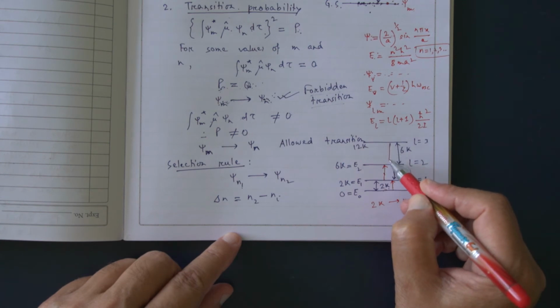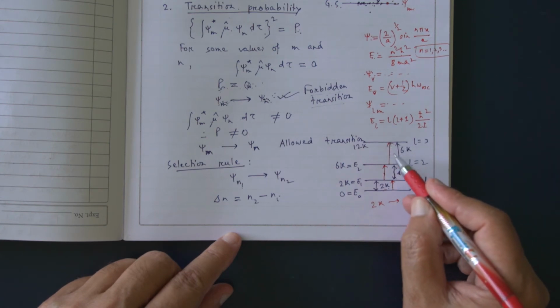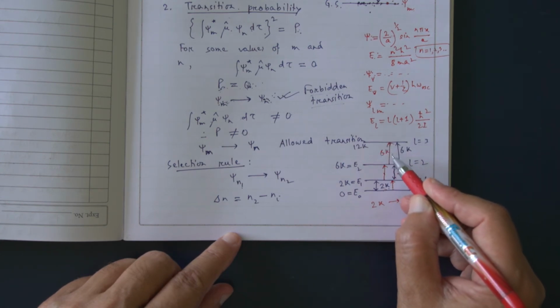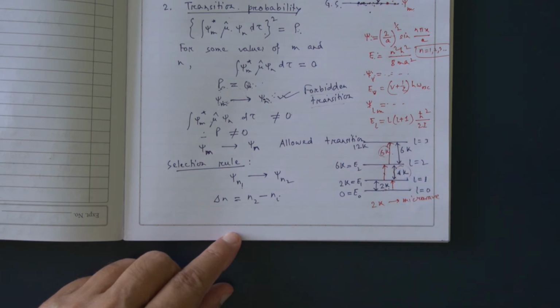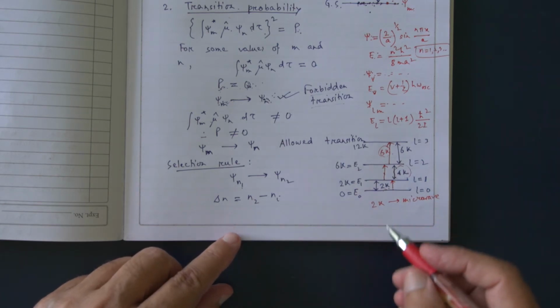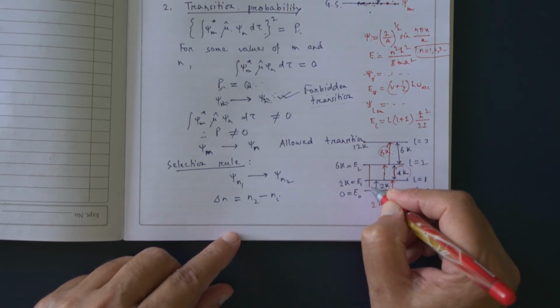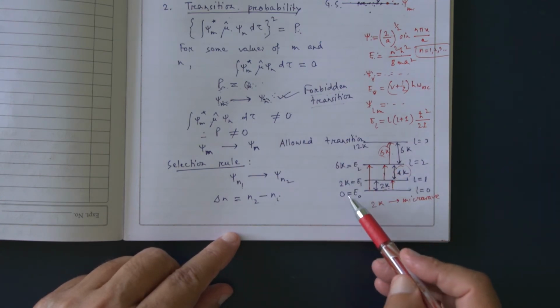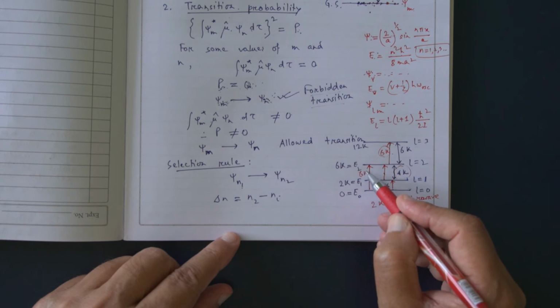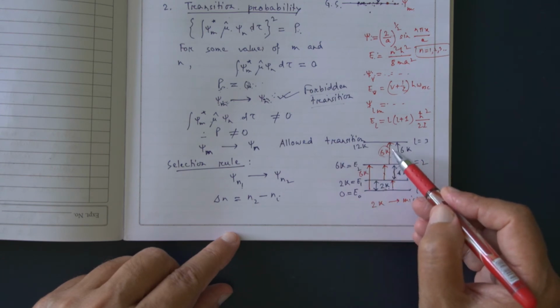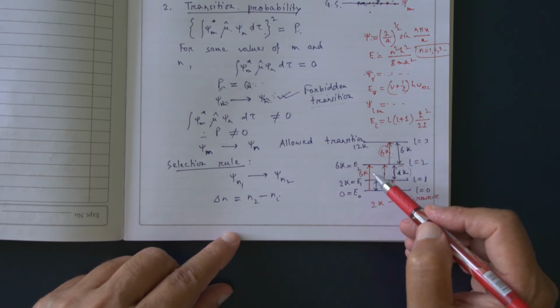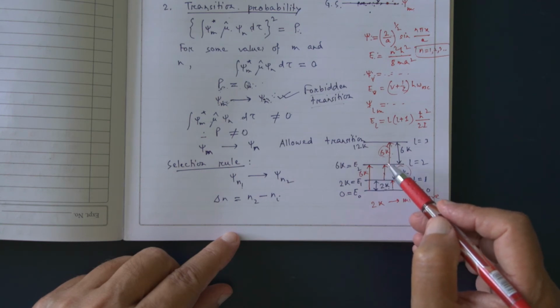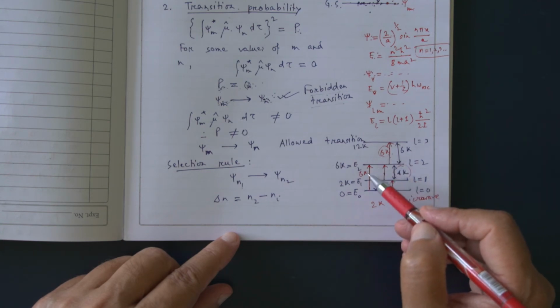For this transition, how much energy is required? 6K. This also can be obtained from microwave radiation. Now suppose this transition takes place. How much energy will be required? 6K. Now 6K energy is obtained from microwave.